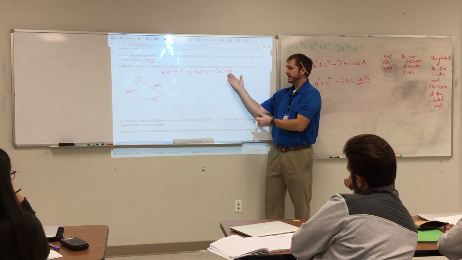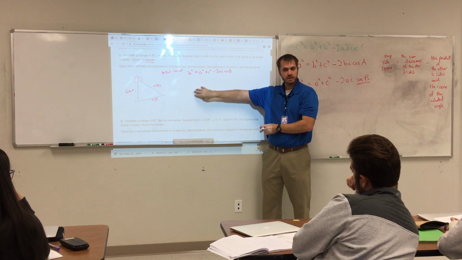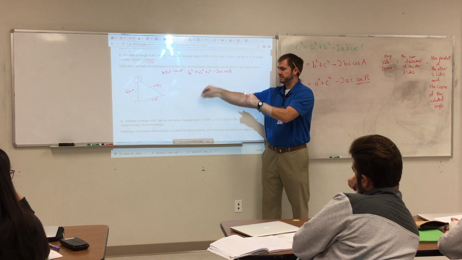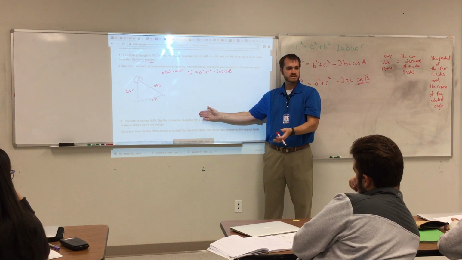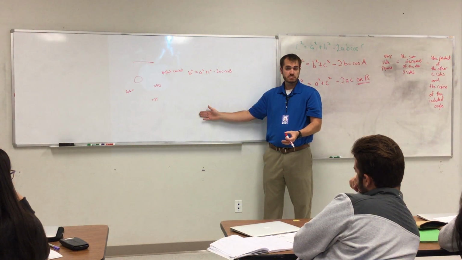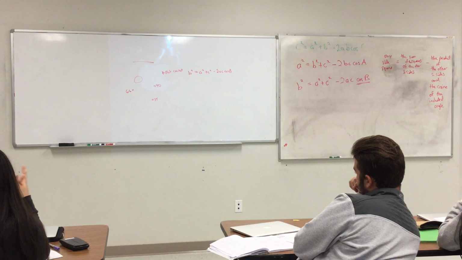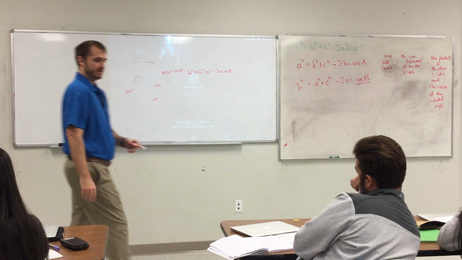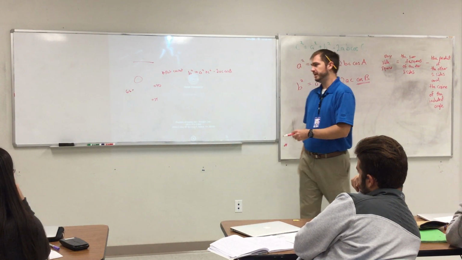Or we can isolate the cosine B algebraically, and then in our second to last step, plug in all the numbers, and then just hit enter on the calculator, and it spits us out an answer. Which would you prefer? You want to try the algebraic way? This is honors pre-cal, so we're going algebra way.